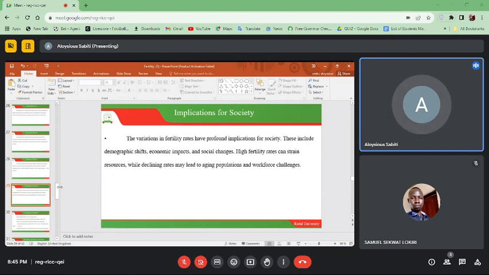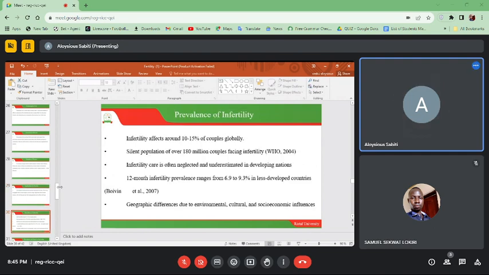So these high fertility rates can strain resources, but also the declining rates may lead to an aging population and workforce challenges. So implications are vice versa. We've seen in Italy during the COVID times, the elderly people were the ones who grossly suffered, and we were able to see that it could be as a result of the low total fertility rate they have, and therefore they had a large aging population.